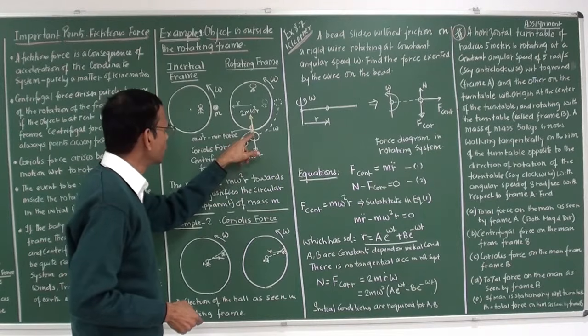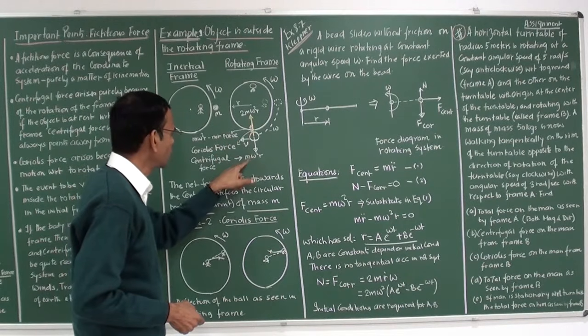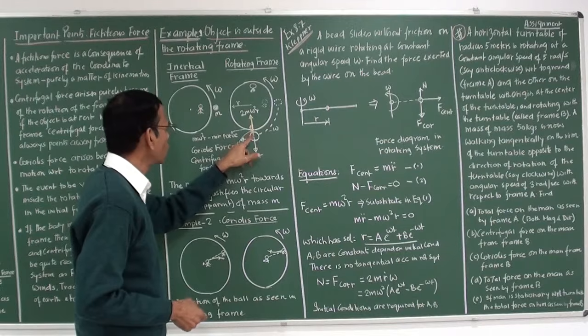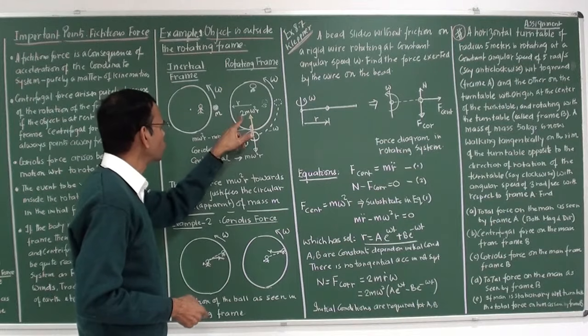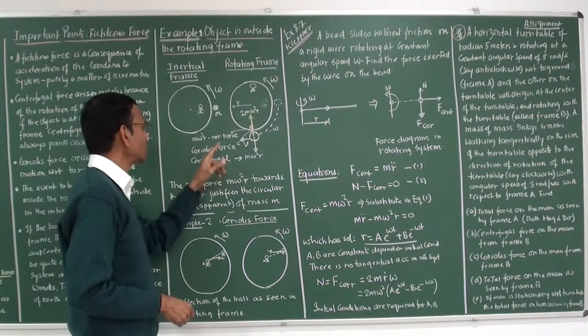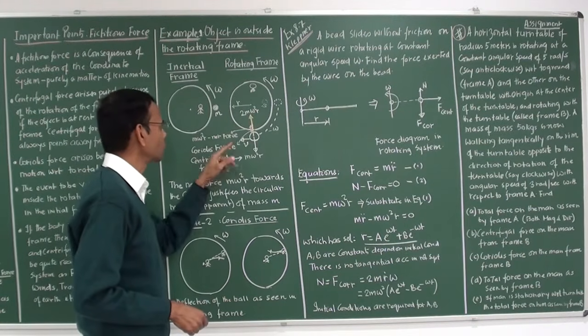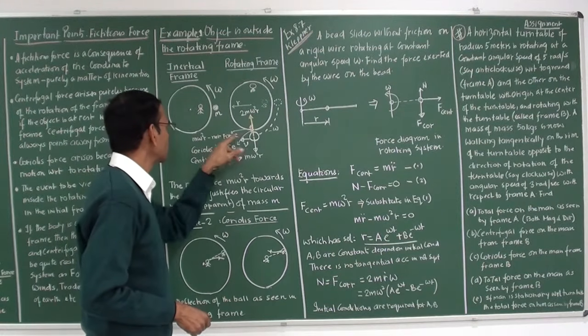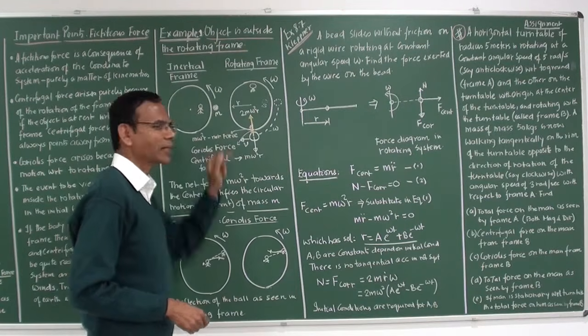So the centrifugal force is outside, m omega square r, and the Coriolis force is inside, 2m omega square r. Now as you see, the net resultant force is m omega square r inside.